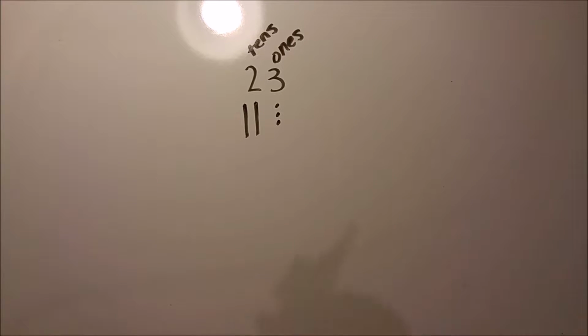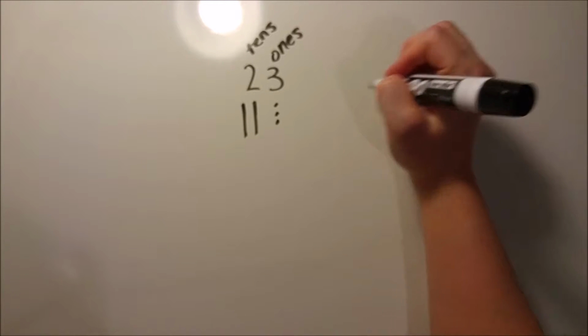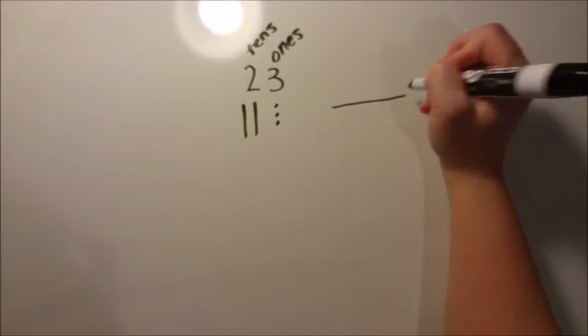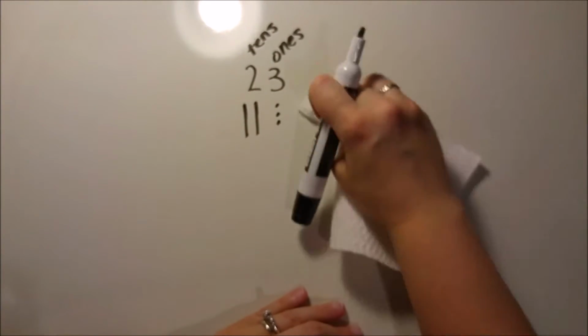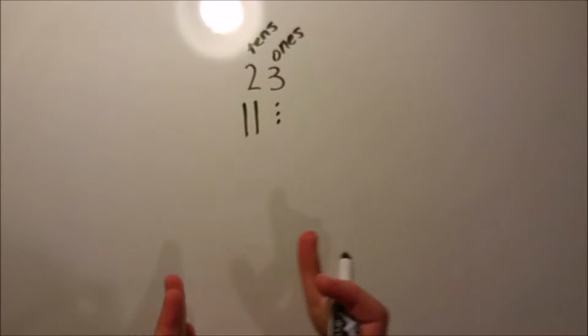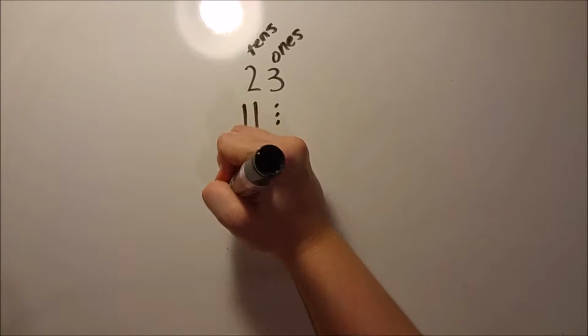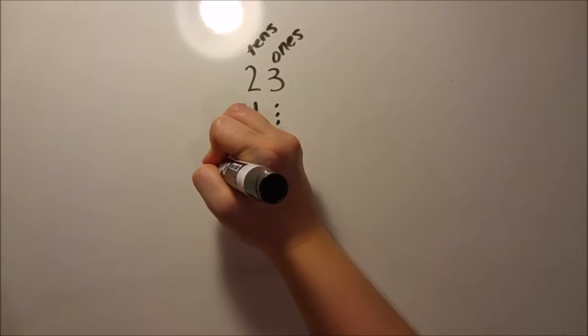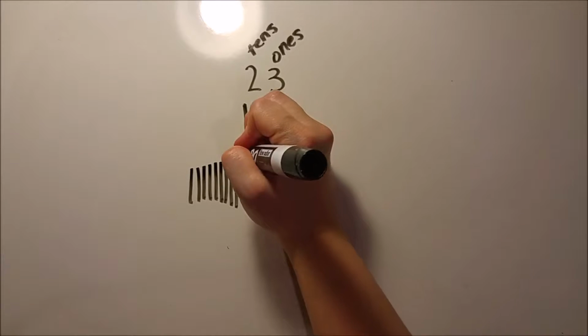Same as with tens. So if we have 10 of these sticks, think of them like the Legos that are the long ones now with the little connectors on top. So if you took 10 of those and you connected them all together, 1, 2, 3, 4, 5, 6, 7, 8, 9, 10.